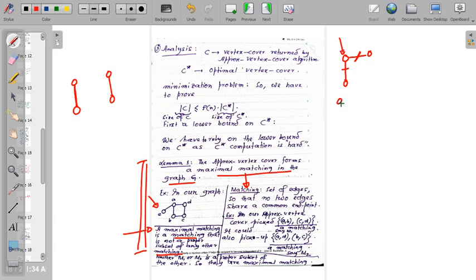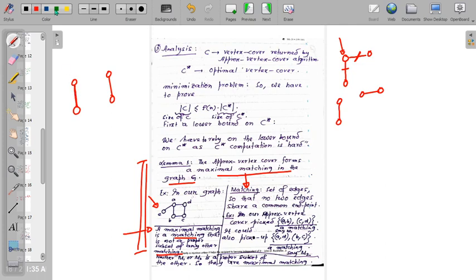I have to include either this or that. If I include this, I cannot include that, because at that time they will be sharing a common endpoint. So the set of edges which are not sharing a common endpoint will be the matching.